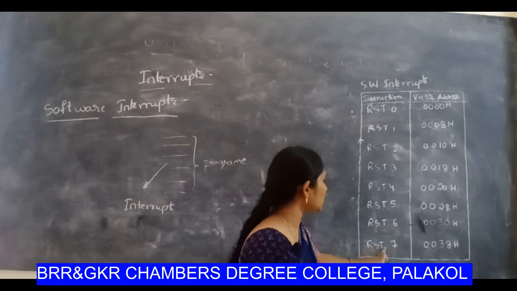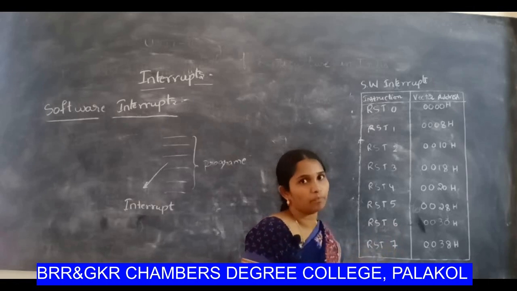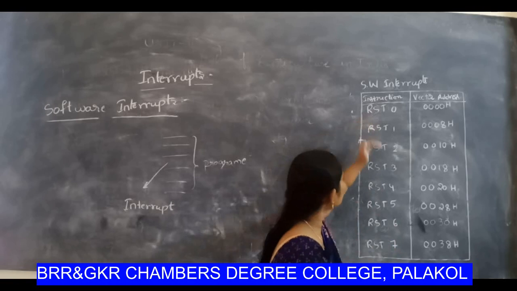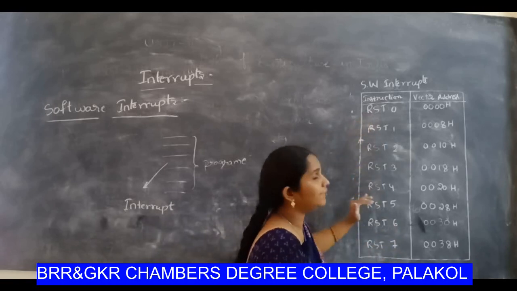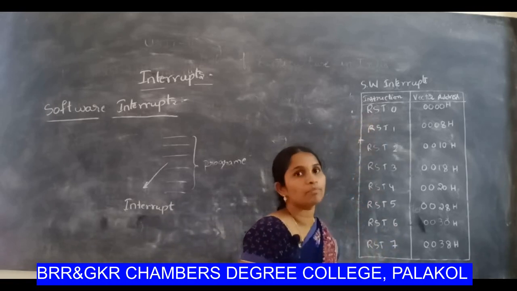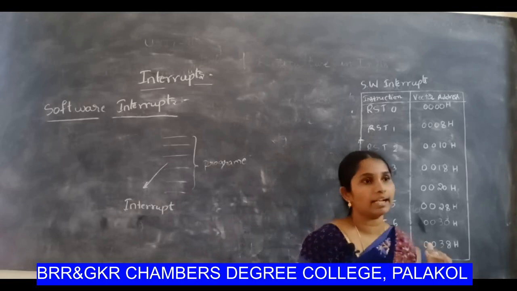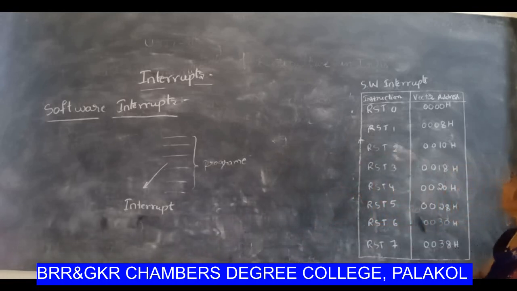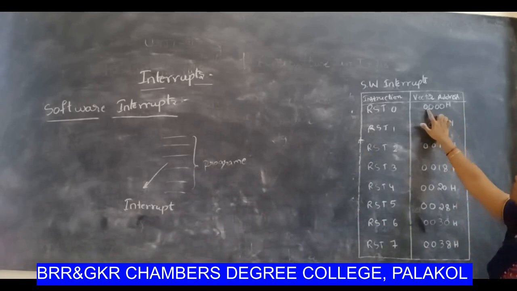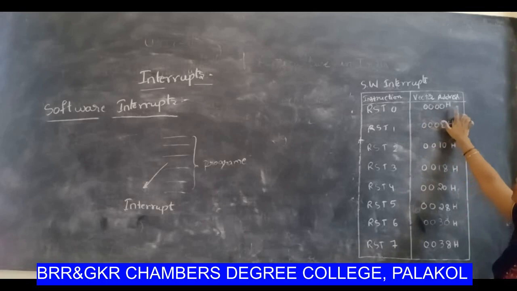Here RST is nothing but restart. So 0 to 7, total 8 software interrupts. Now these are the vector addresses of the software interrupts.